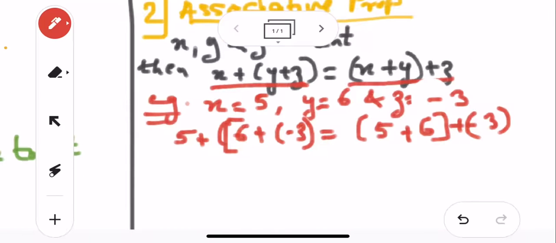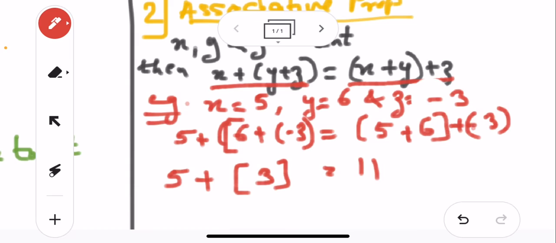So how will I solve this? Now students, we have studied the BODMAS rule. You remember the BODMAS rule? First we will solve the bracket. So my 5 will remain as it is. I will solve this bracket. Now 6 plus minus 3, so 6 minus 3. So my answer will be 3, is equal to, now 5 plus 6 is 11.